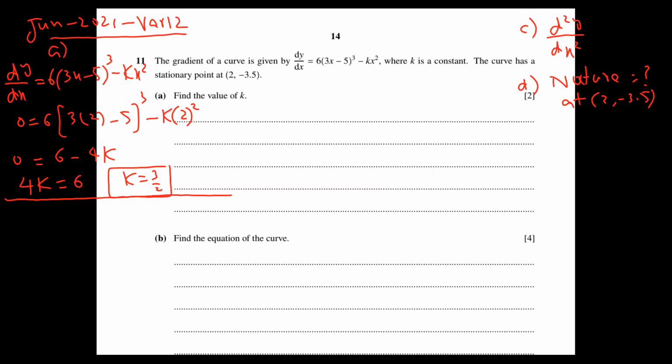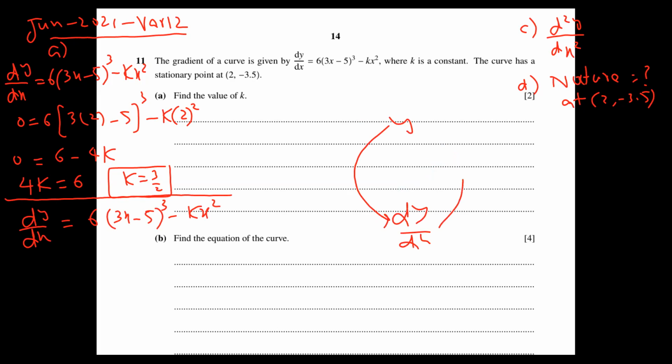So integrating dy over dx, 6(3x minus 5) to the power 3 minus kx to the power 2. If you differentiate, you get dy over dx; if you integrate, you get y.